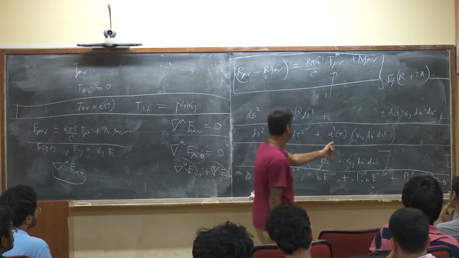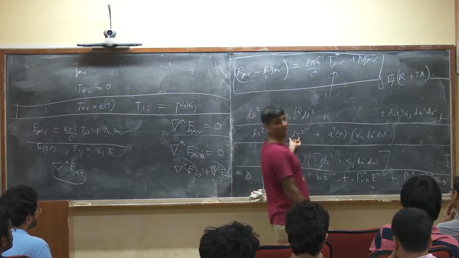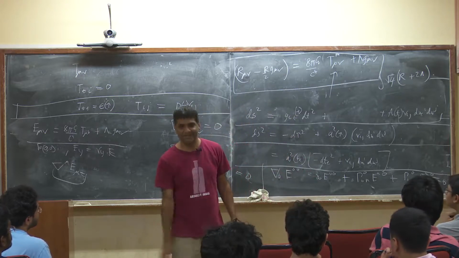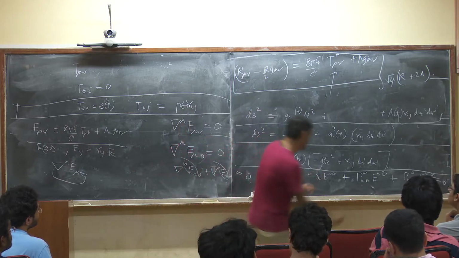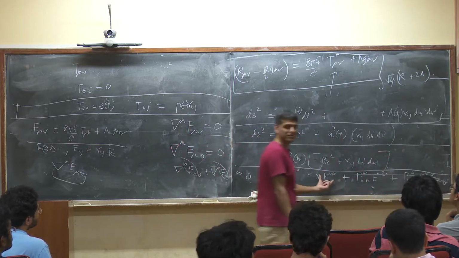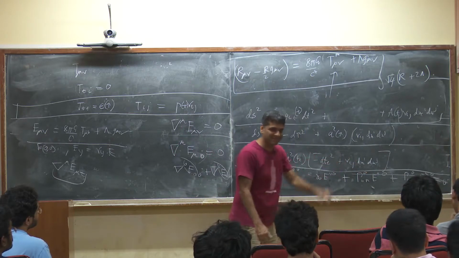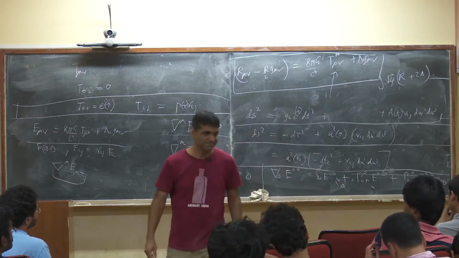In this case, it will be 0 in this coordinate system because G00 is not a function of t. So gamma 0 0 0 is just 0, and this will just be this equation. You have to check it more seriously, but I think you'll just get this kind of equation.